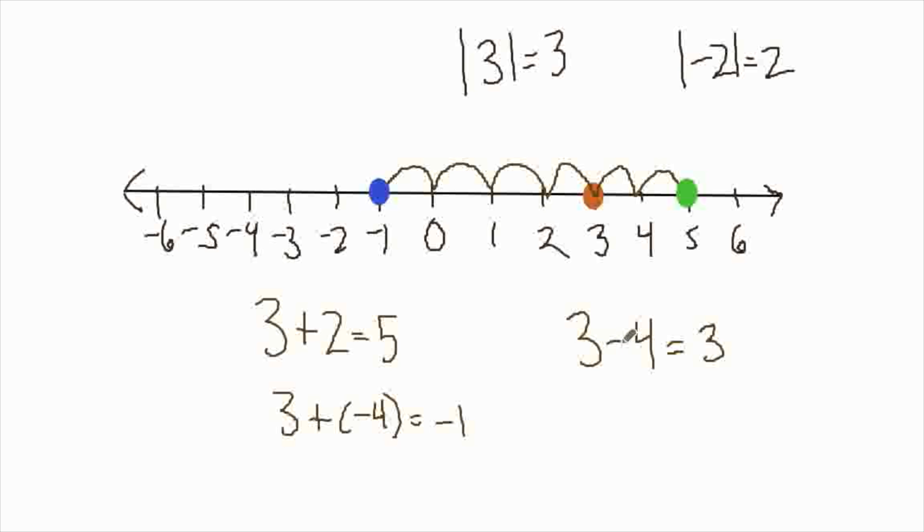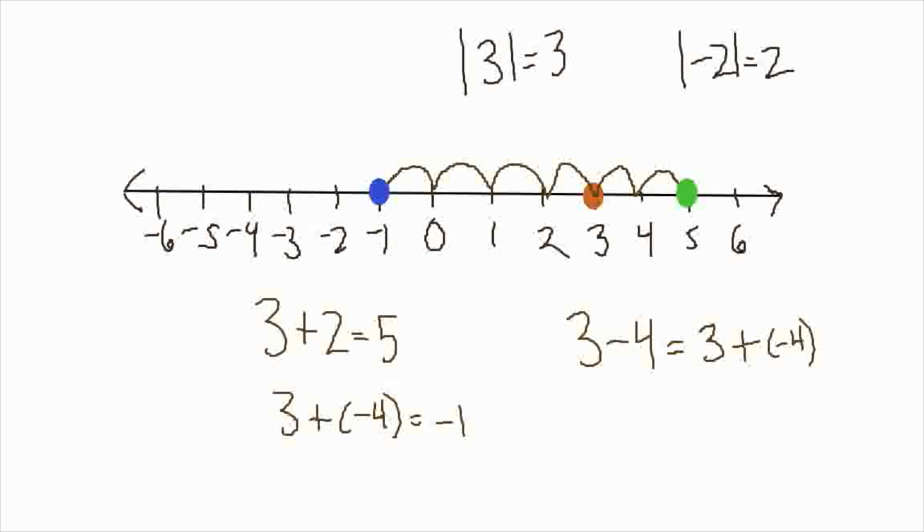In fact, there's an addition problem hidden in there. If you minus 4, that's the same as adding -4. So what that all boils down to is when you do 3 minus 4, you're going to end up moving 4 hops to the left, as if I was adding a -4.